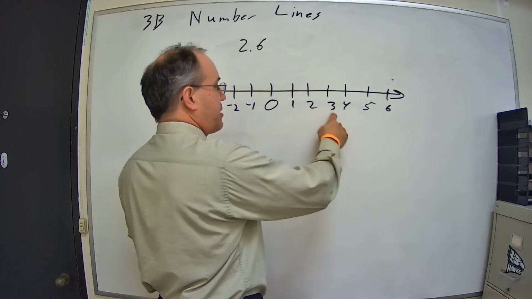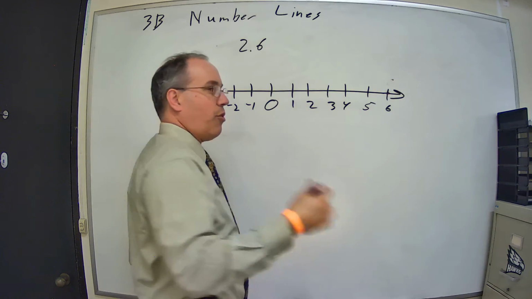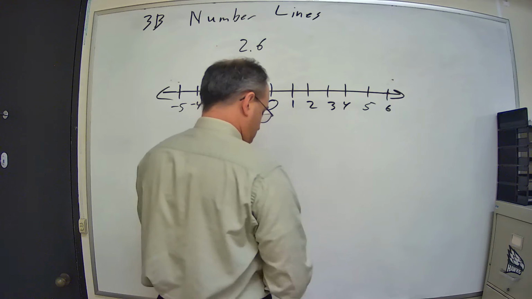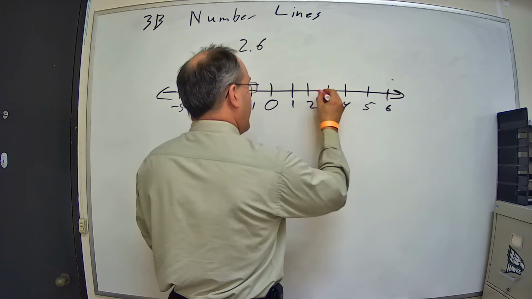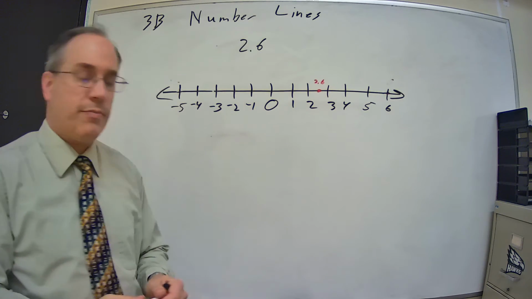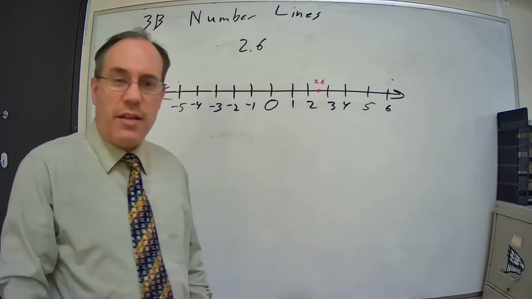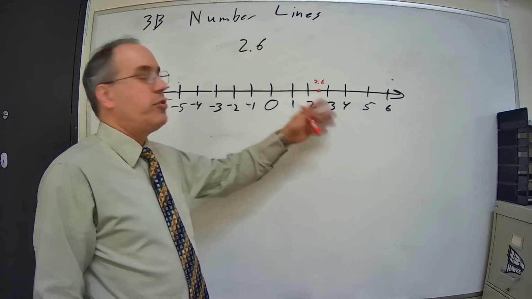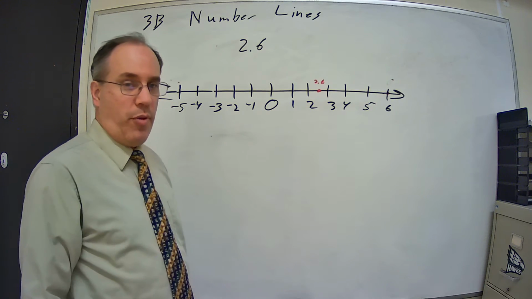It's bigger than 2, it's less than 3, so it's going to be there, and it's a 0.6 is over halfway, so I can put that a little over halfway here and have my 2.6. That's not so much a concern. People usually do pretty well with that. It's the negative side that gets people.